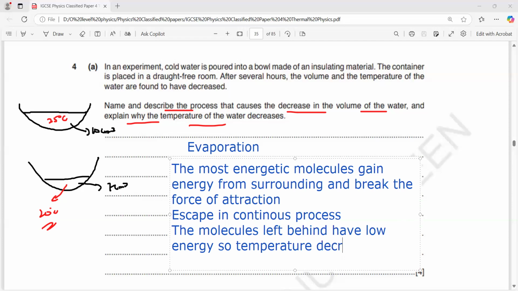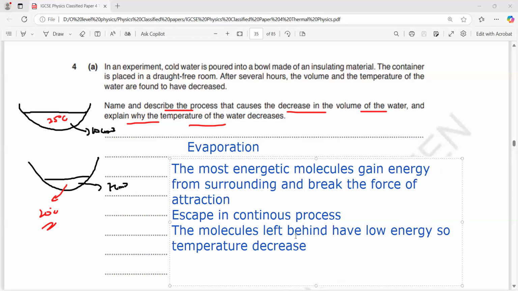The other molecules with low energy will eventually all evaporate too, but with the passage of time, it will take much longer.